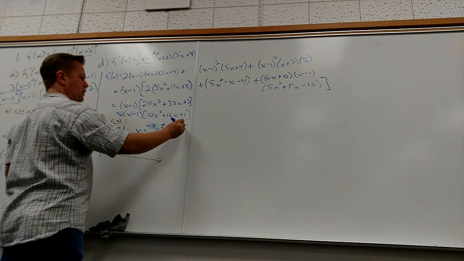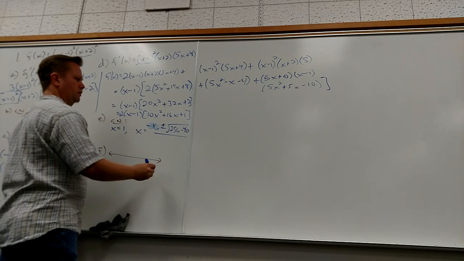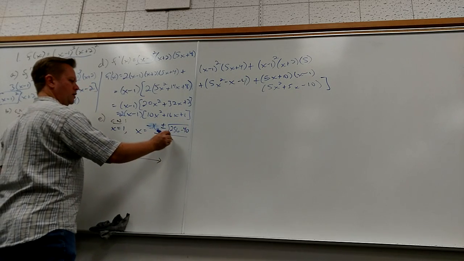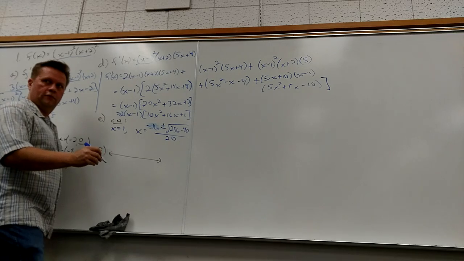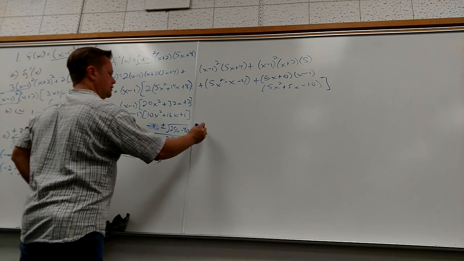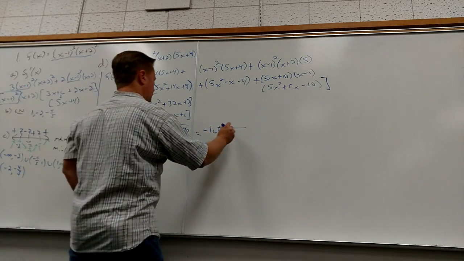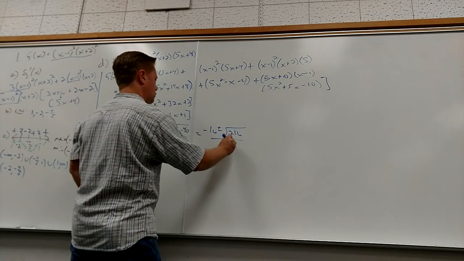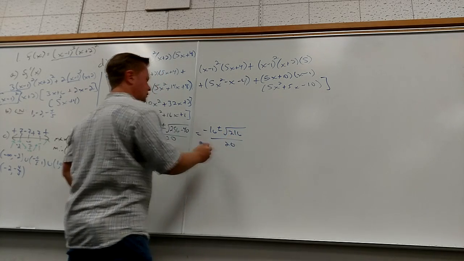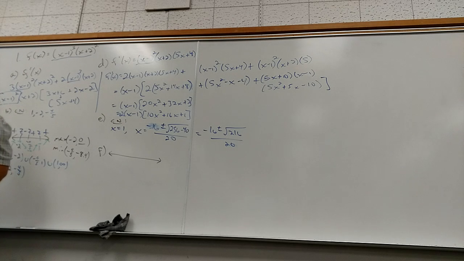Minus 4ac, so minus 40, all over 2a. So that's negative 16, give or take, square root of 216 all over 20. And then you can just plug in the calculator and get your 2 things. That's fine. You can simplify the radical, but at this point we just need to get decimal approximations.